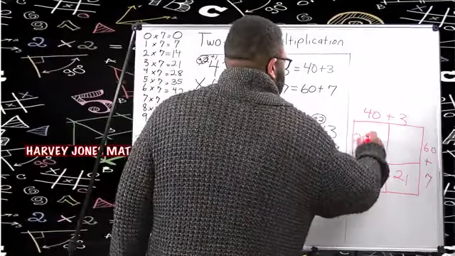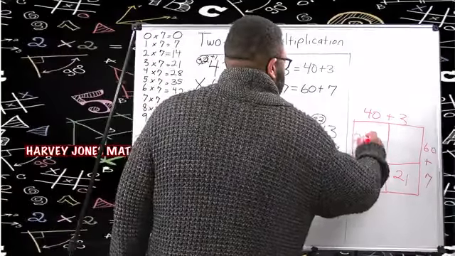And now what I'm going to do, I'm going to add. All right, 2400 plus 180 plus 280 plus 21. What are we doing?